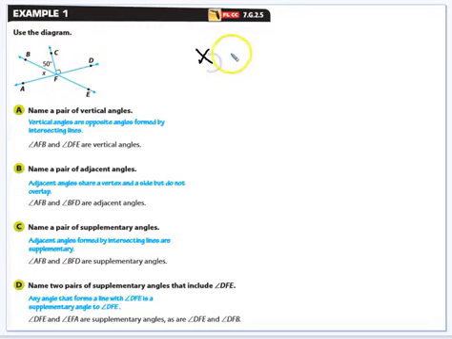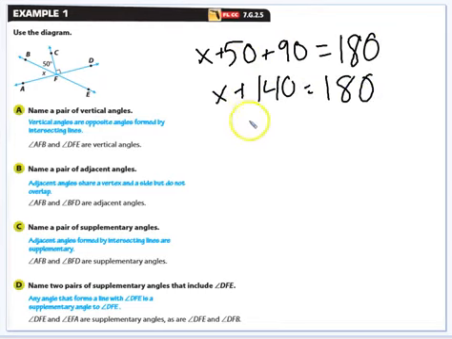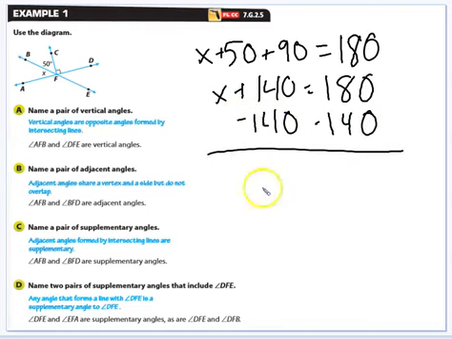So really what this is, x plus 50 plus the right angle, which is 90, equals 180. 50 plus 90 is 140. So x plus 140 equals 180. Then I'm going to subtract 140 from both sides. And I'm left with x equals 40 degrees.